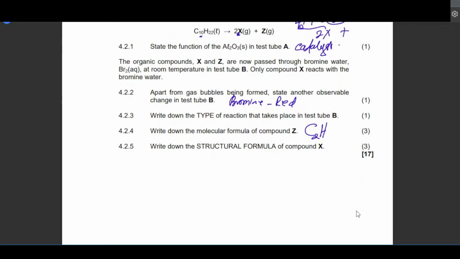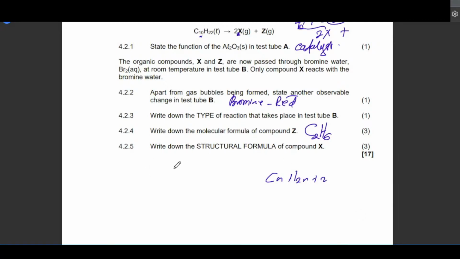It can't be H4 here. Why not 4? Because once I put 4, it's going to become unsaturated and it should decolorize the bromine. But they said here it's only compound X which reacts with bromine. Therefore, it's going to be 6, which means that it is an alkane. CnH2n plus 2, so it's 4 plus 2, which is 6.